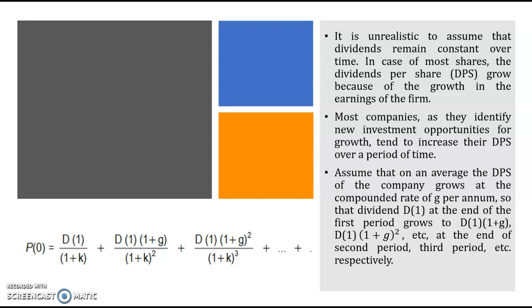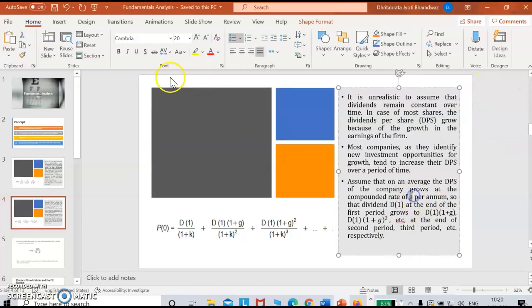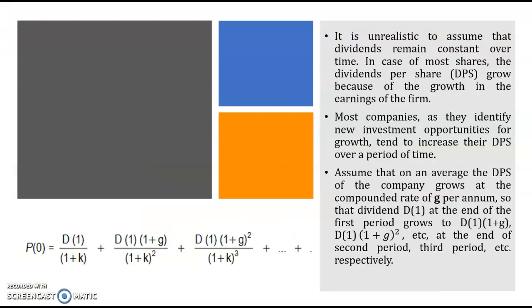So assuming that on an average, the DPS of the company grows at a compounded rate of G per annum, then the dividend D1 at the end of the first period grows to D1 into 1 plus G. Then at the end of the second year, or at the beginning of the third year, the same dividend would grow into D1 into 1 plus G whole square.